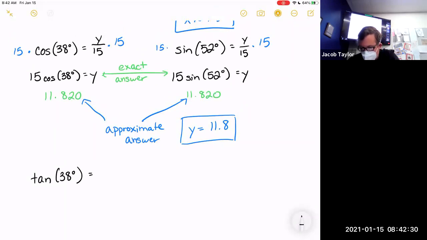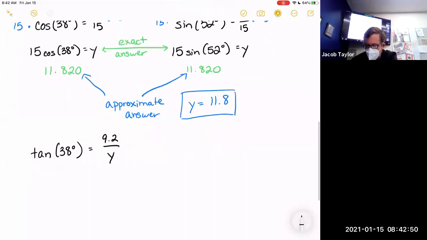So opposite would have been the 9.2 that we figured out, and adjacent was the y. This is a little bit of weirdness for two reasons, and it's important you pay attention here because sometimes this algebra situation comes up and there's nothing you can do about it. In this case, we avoided it by using cosine, but you still need to know how to do this because sometimes you can't avoid it.